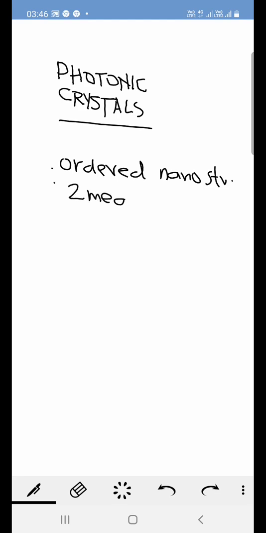So we can define it by saying there are ordered nanostructures and there are two media with different dielectric constants or refractive indices, and they are arranged in a periodic form.